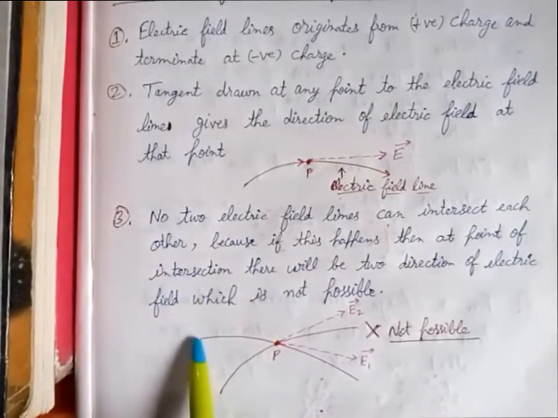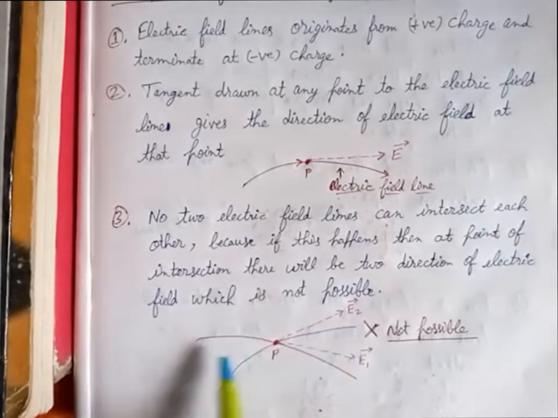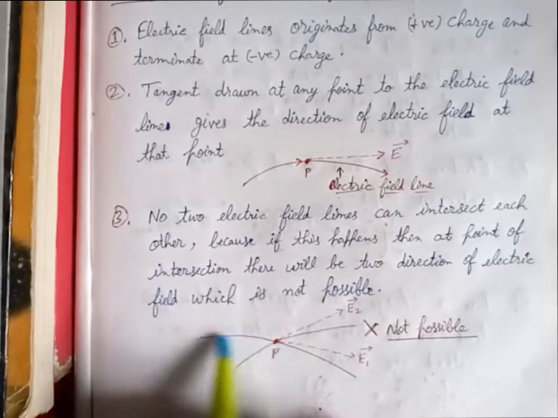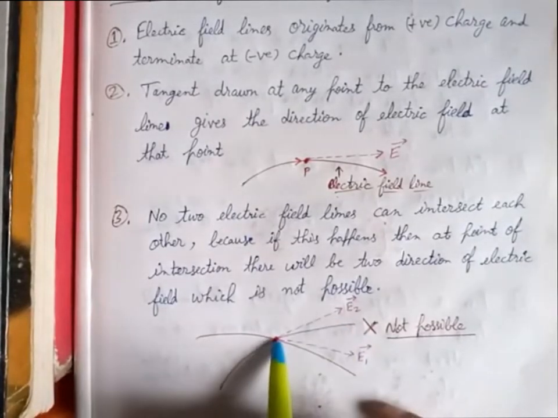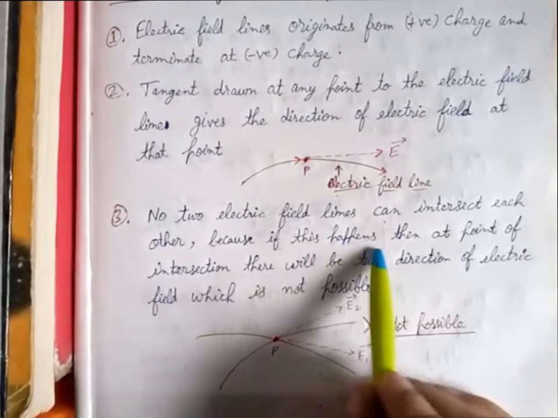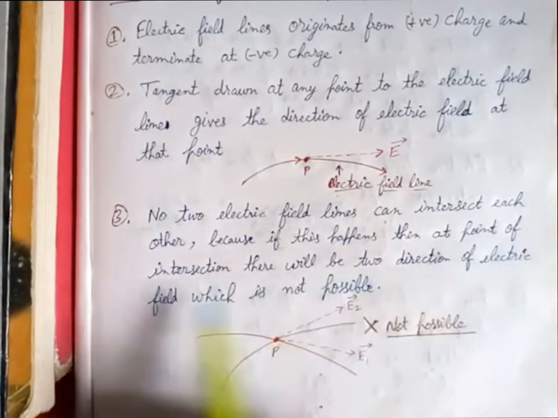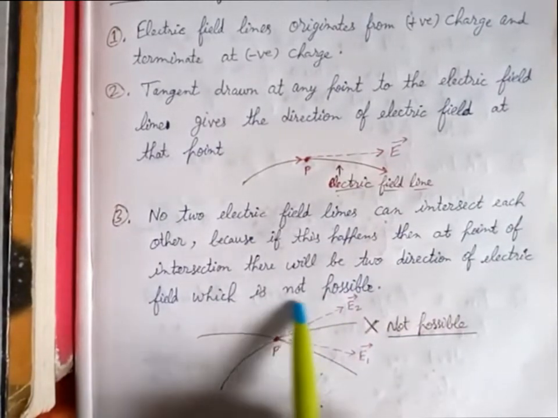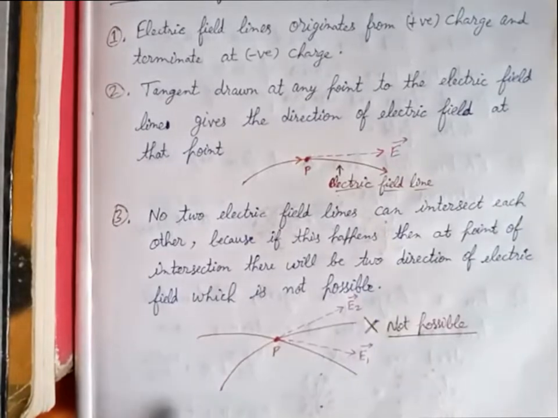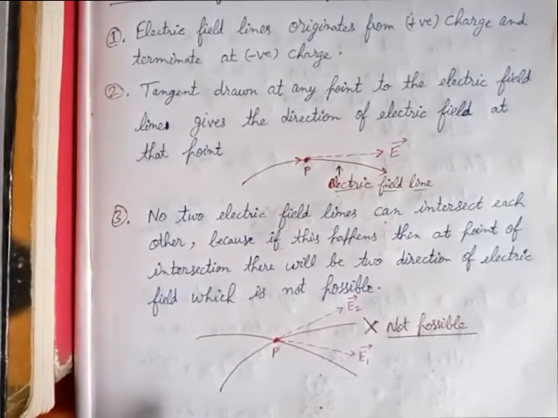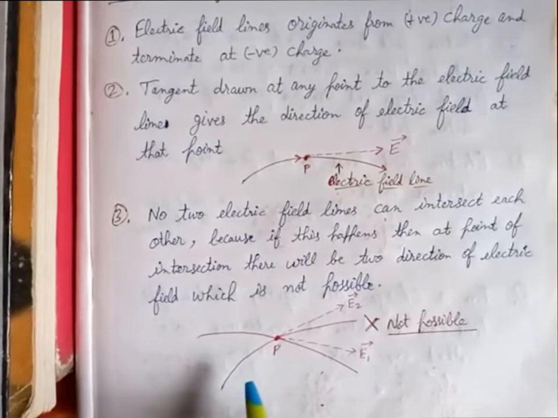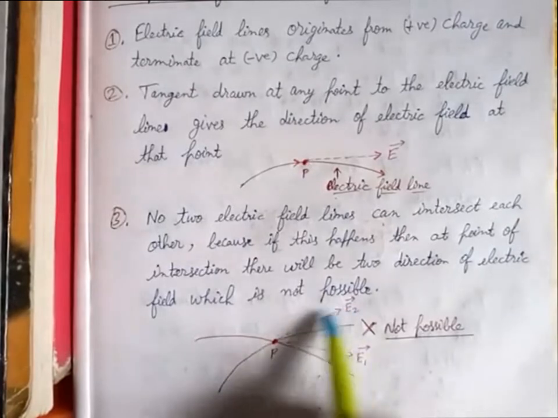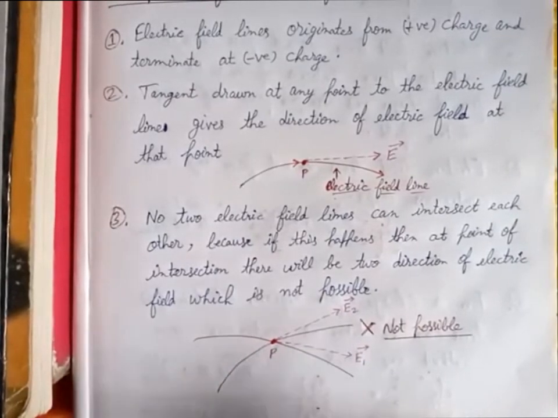If two field lines intersected at a point, then at the point of intersection there would be two directions of the electric field, which is not possible.